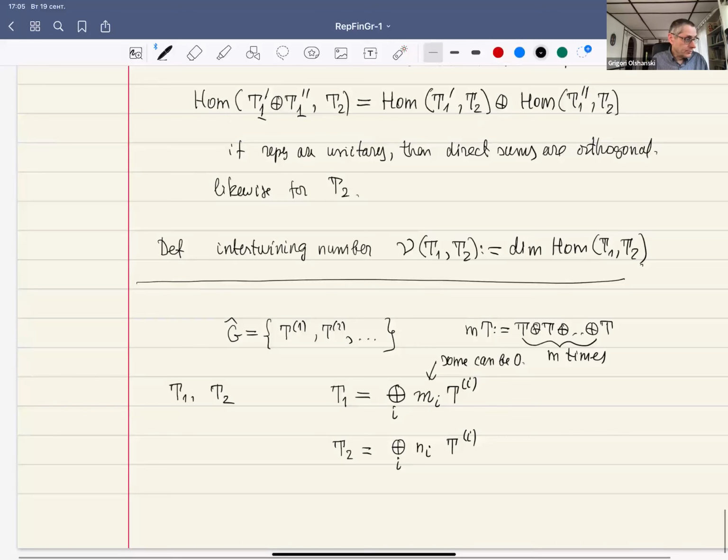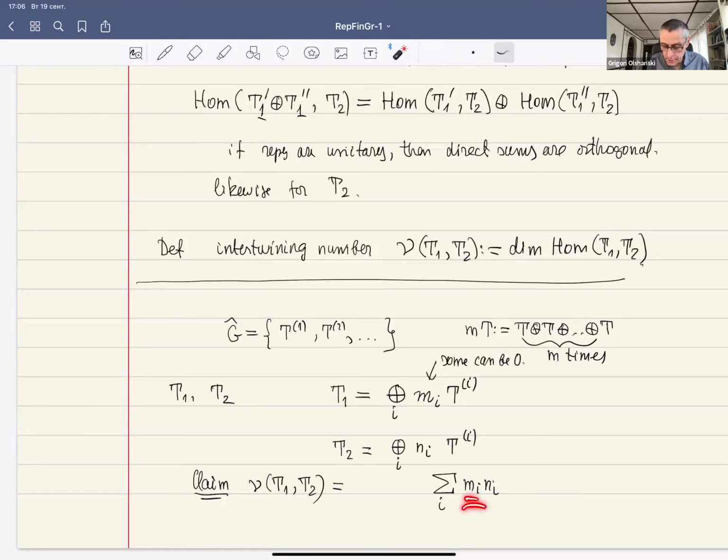And the conclusion is as follows. The claim: the intertwining number between our representations is equal to this sum, which makes sense because only finitely many of these multiplicities are non-zero.